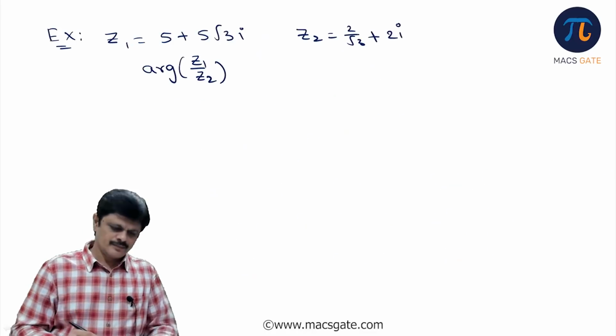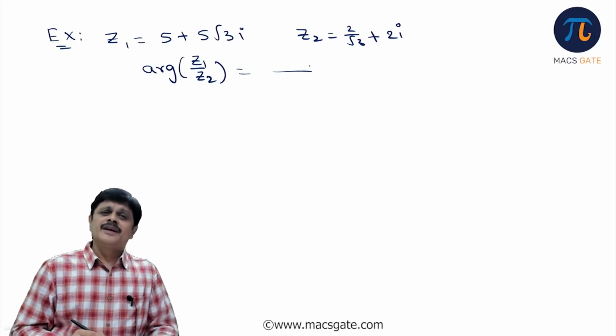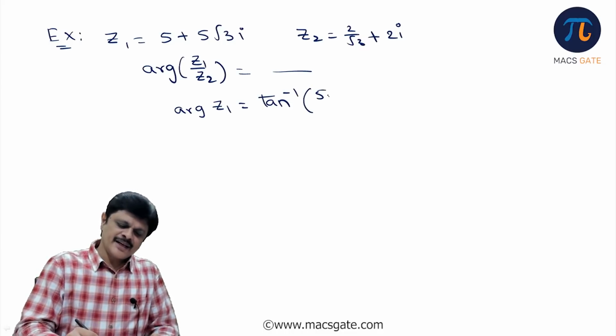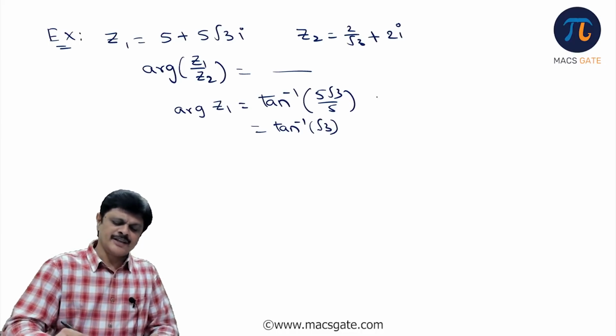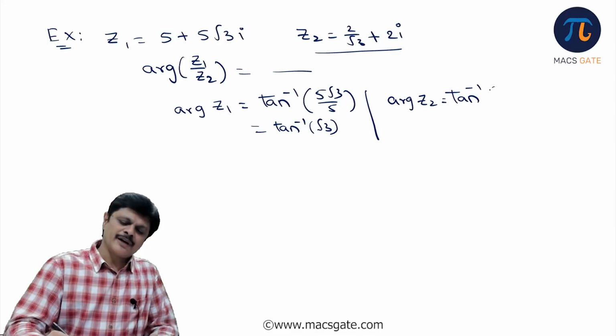Clear, sir? There was a question asked in an examination like this. Z1 is this and Z2 is this. Then what is argument of Z1 by Z2? First of all, what is argument of Z1? Tan inverse of y by x, that is 5 root 3 by 5, which is nothing but tan inverse root 3. Don't be in a hurry to find it, sir. If you want, you can find it, no problem. And what is argument of Z2? Tan inverse of y by x, that is 2 by root 3.